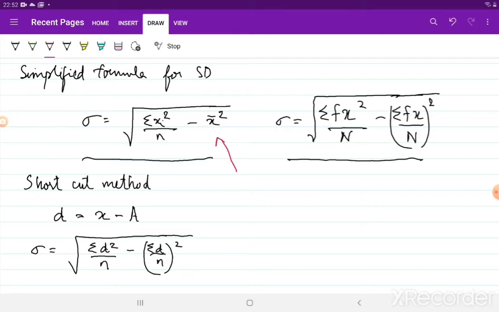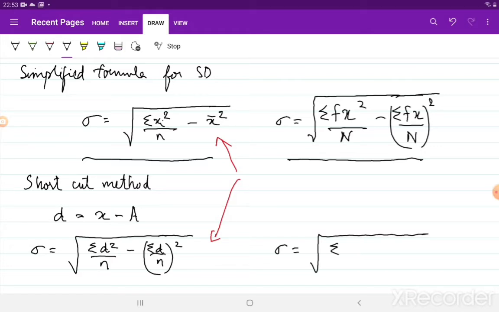Look at both these formulas, they're very similar. Instead of x and x bar, I'm writing it in terms of d and d bar, or mean value of d.